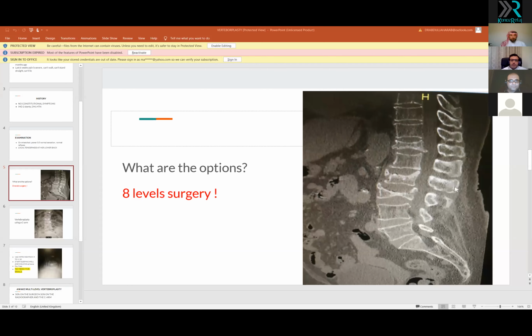Awake multilevel vertebroplasty is always 50-50: 50% on the surgeon and the other 50% on the radiographer and a good C-arm. So if you don't have a good radiographer or a good C-arm, don't proceed with the procedure. A bilateral pedicular approach is always better than unilateral in terms of amount of cement, the angles and the coverage.